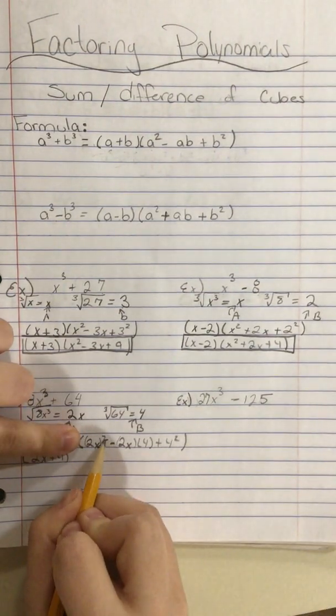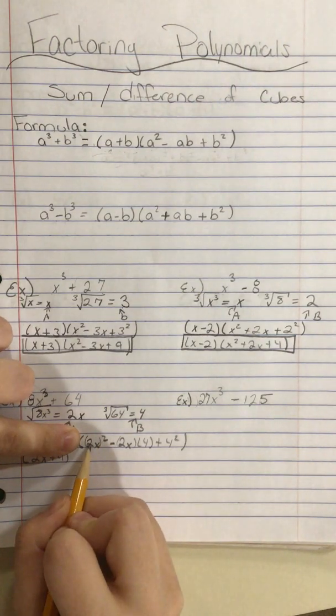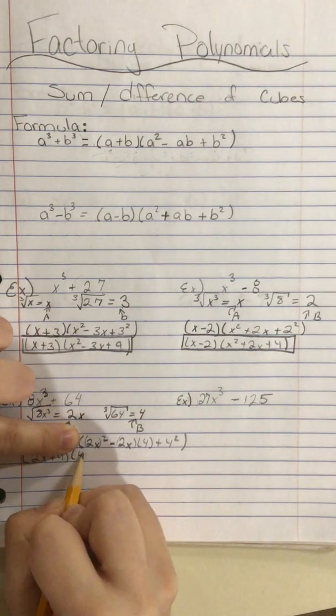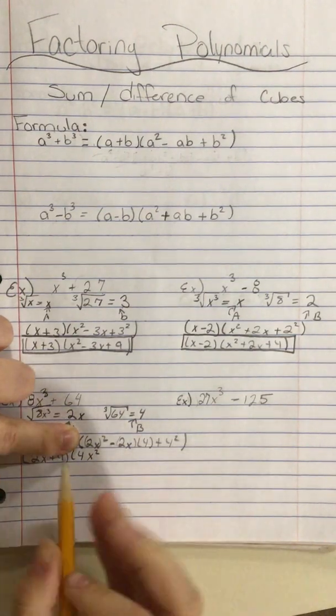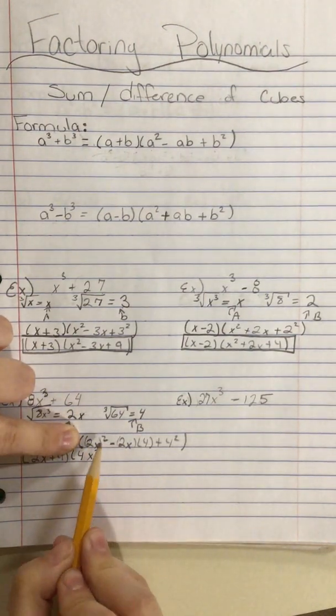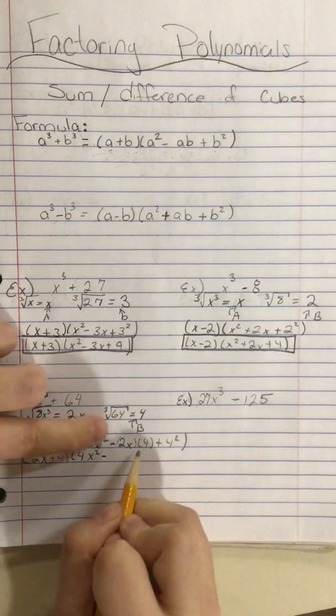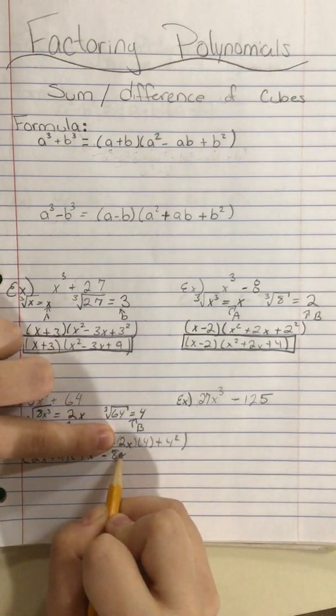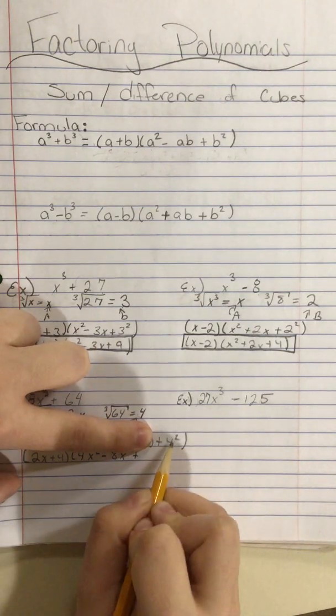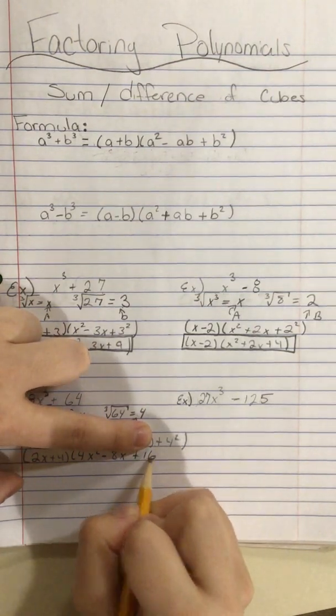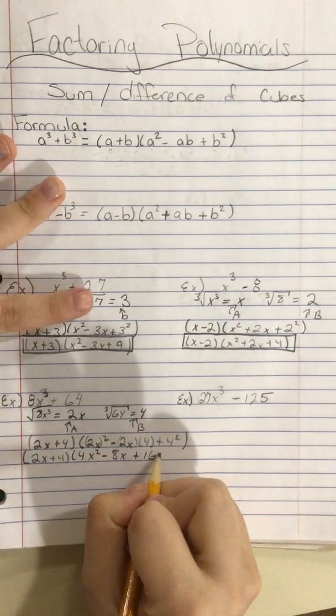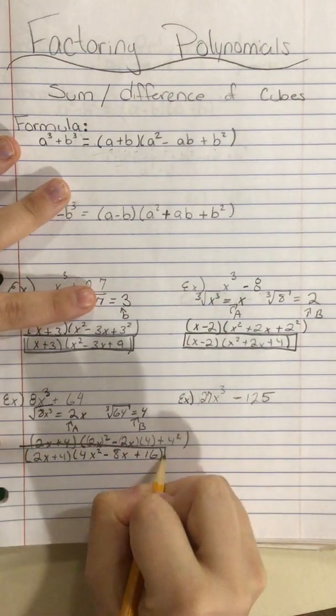The 2x is being squared, so 2 squared is 4, and then x squared, because we have to bring in the 2 into both the coefficient and the variable. Now let's multiply that through, we get 8x, and 4 squared is 16. And there we go.